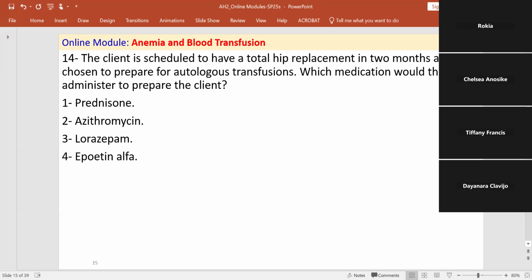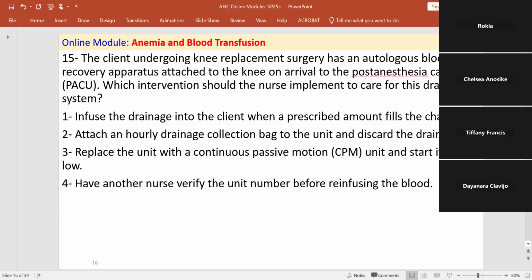And no phlebotomy should be done within 72 hours of surgery. So 72 hours before surgery, no phlebotomy should be done. And this is the protocol for the autologous transfusions.